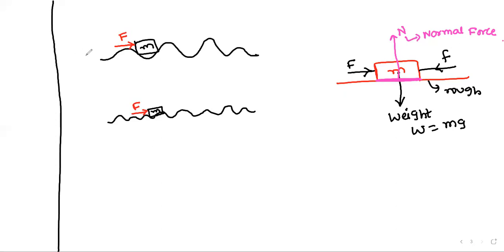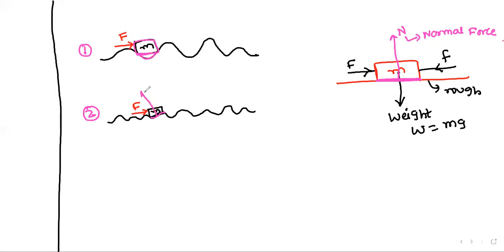Now, let us consider this is the first surface, and this is the second surface. Since the object is placed on this surface, here you can see this is the curve, and here it is almost the same. That means here the normal force is less, and here the normal force is more.